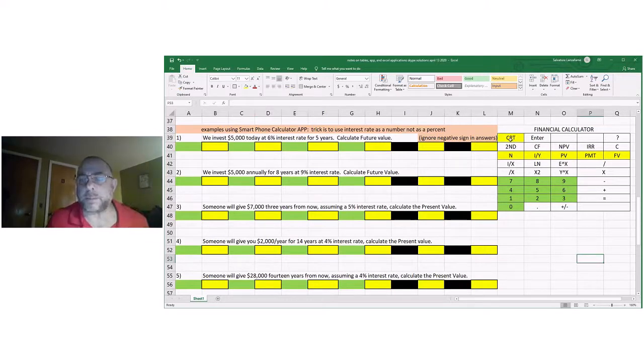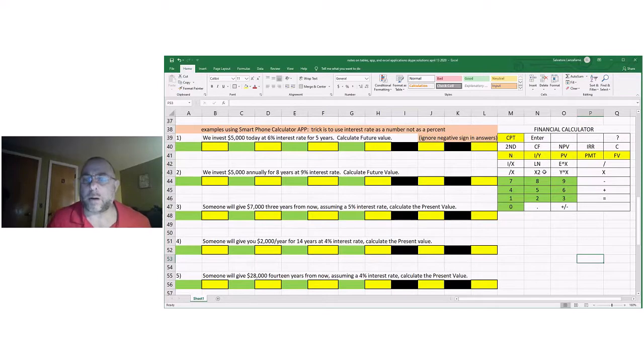One is the compute button, and then the other ones are N, I/Y, PV, payment, and FV. PV stands for present value. FV stands for future value. I/Y is your interest for the year. And N is number of years, number of periods.